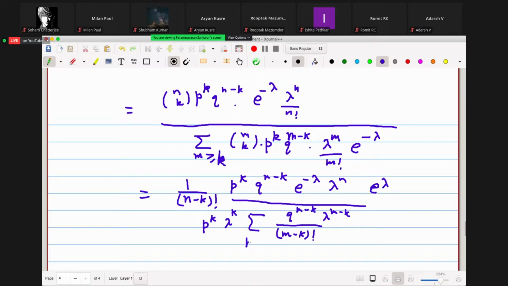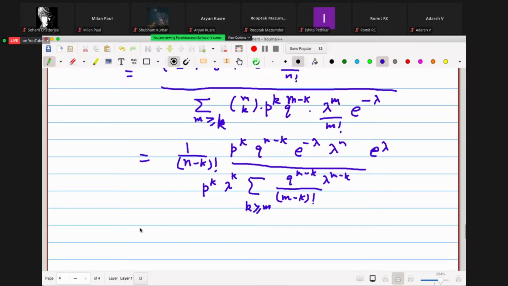And since here m is bigger than or equal to k, we can simplify this quite a bit. So 1 by n minus k factorial. I don't know if I should do the entire simplification. Next step, p power k cancels. Q power n minus k is very much present. E power lambda, e power minus lambda goes away. So I have lambda power n minus k again, e power lambda.